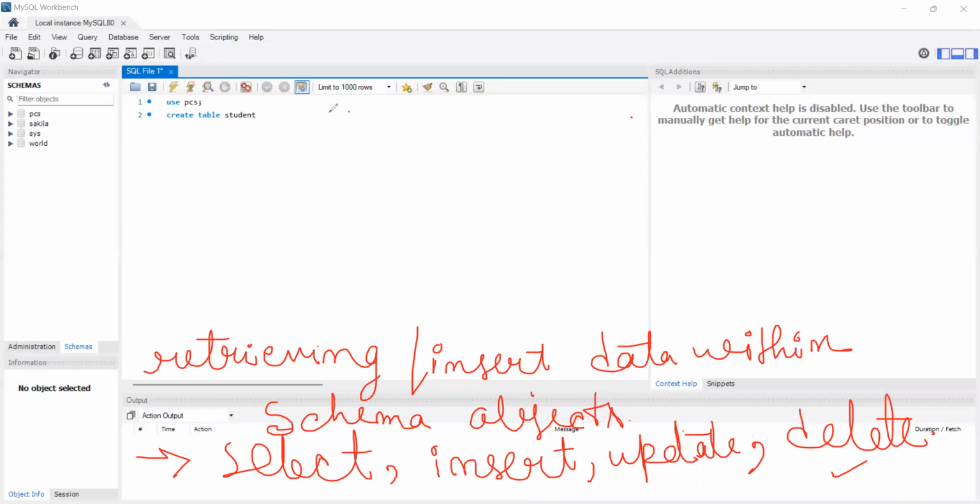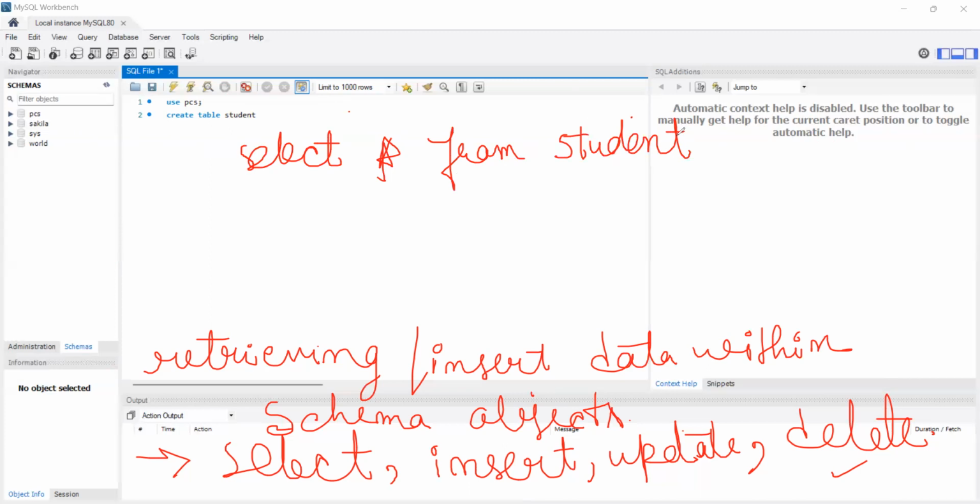Select star. So the first command line is select star or asterisk sign from the table name. Suppose there is a student table. This is your first command line.